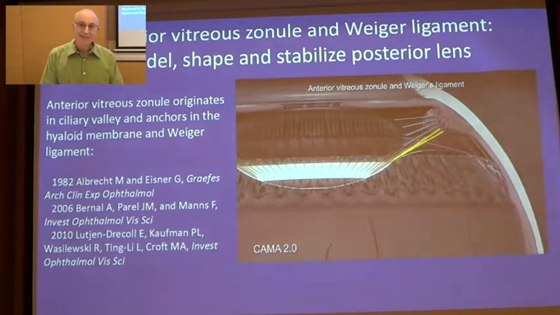Both the cradle-like shape, notable in the model, and the null point location of the Weiger ligament suggest an important function for a structure which heretofore has received little attention in accommodative science. The primary function of these structures is to support the lens.